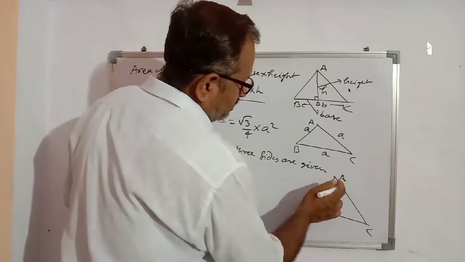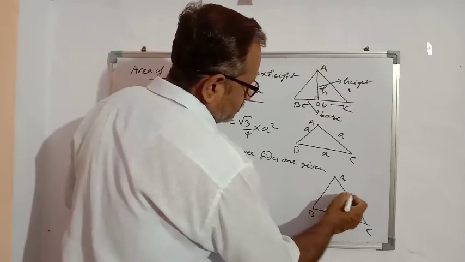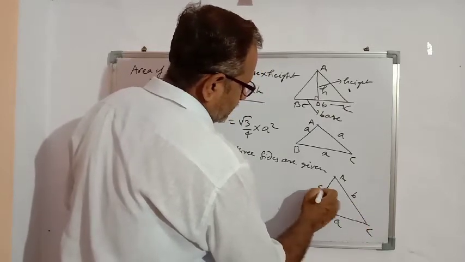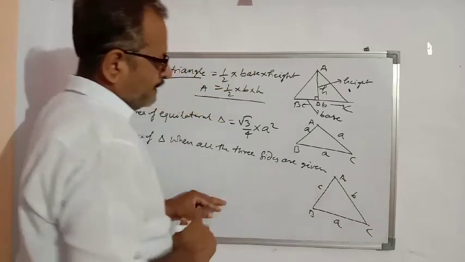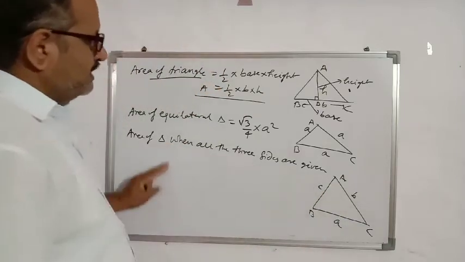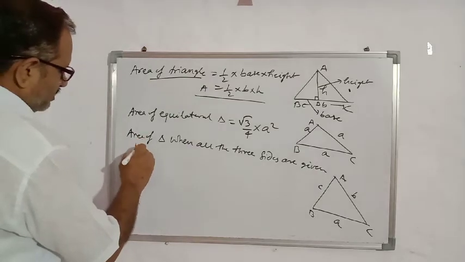The side opposite to angle A, let us suppose this is small a, the side opposite to angle B is small b, and the side opposite to angle C is small c. All the three sides are small a, small b, small c. If all the three sides are given, how can we find the area of the triangle? So we will use here Heron's formula.